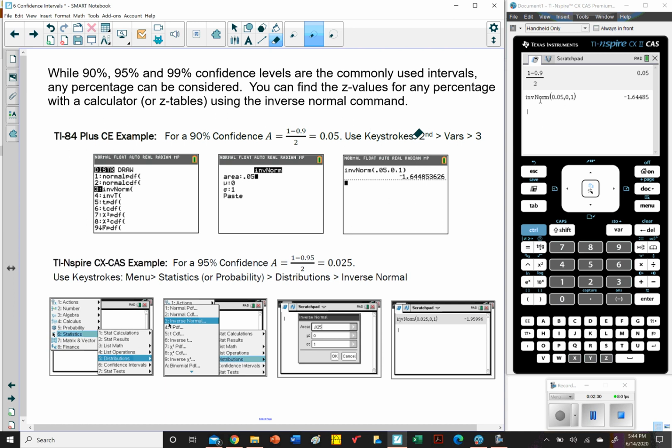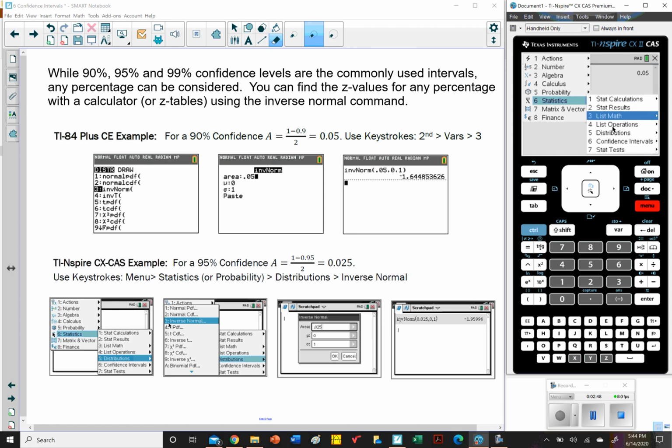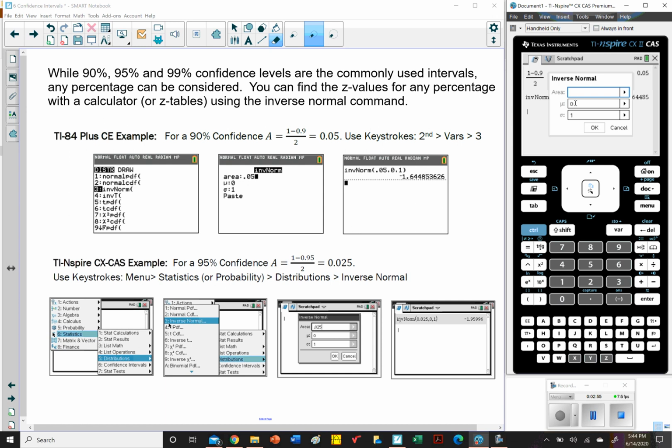Now I put the keystrokes for the TI-84, but I'm using a TI-Nspire here, so let's walk through that. You can see on my screen here that I did 1 minus 90% cut in half is 0.05. And then I want to do menu, statistics, and distributions. And number 3 is inverse normal to find that tail. So my confidence interval is 0.05 for 90%.